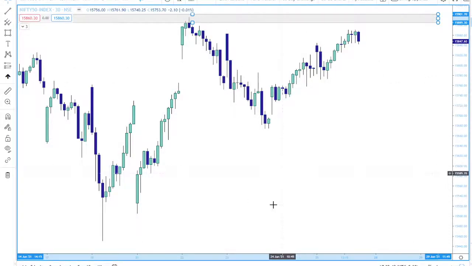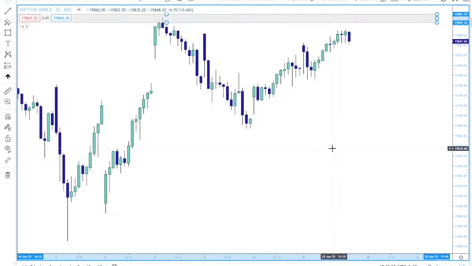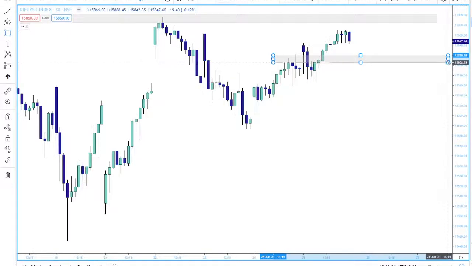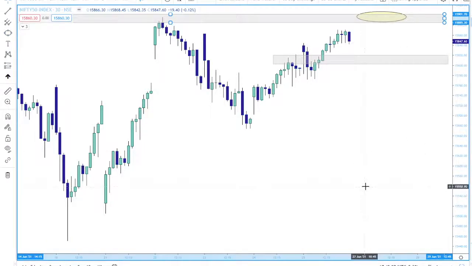The support I'm looking for in Nifty, I think this would be my zone, where I'll be looking for buying opportunities. So now you clearly know what my trading plan is. If price goes up to this level here, then I'd be looking for possible selling opportunities. I'm not saying that as soon as price hits that level I'm going to sell. It's not that.